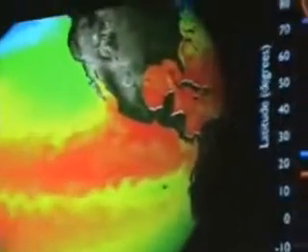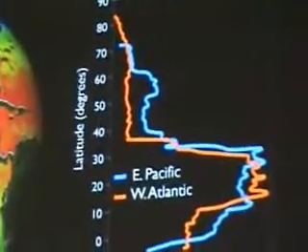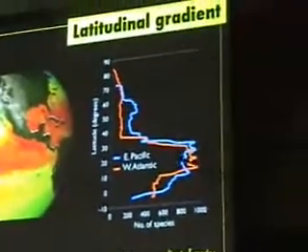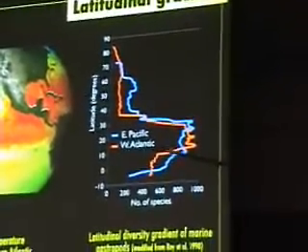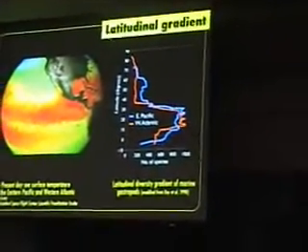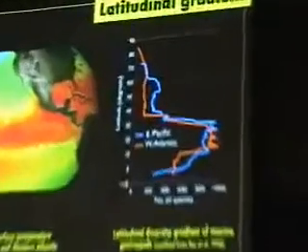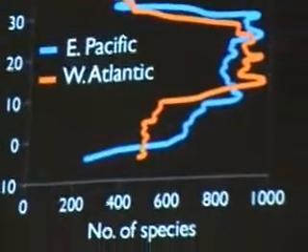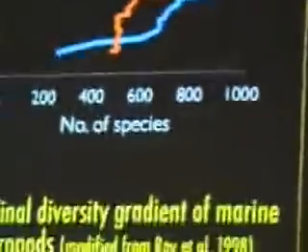This is known as a latitudinal diversity gradient, and this is some work by a colleague of ours, Dave Jablonski and Kaustuv Roy, and what they've shown very eloquently is that at the present time in both the Atlantic and the Pacific, tropical areas of North America and Central America have many, many more species, perhaps as many as 10 times as many species as what we refer to as temperate areas, for example, the Atlantic coast.